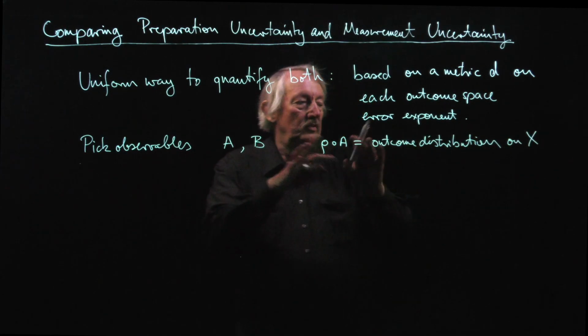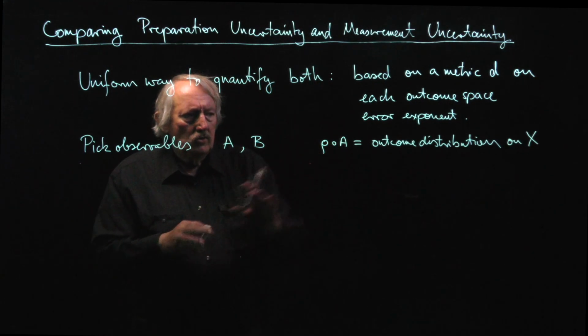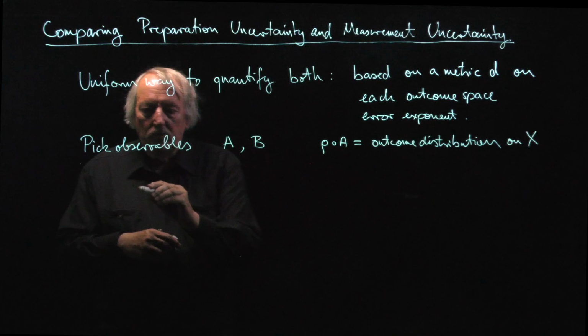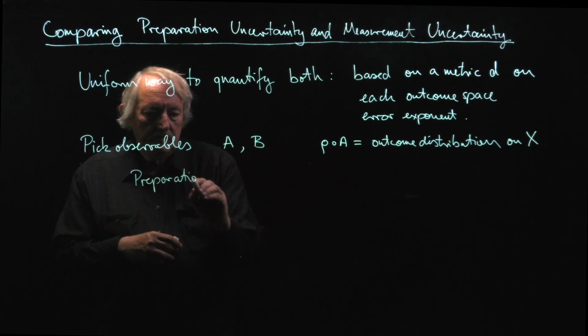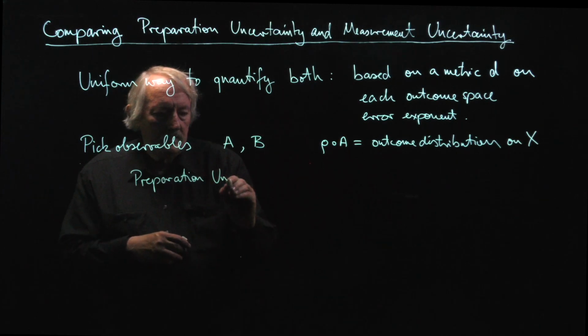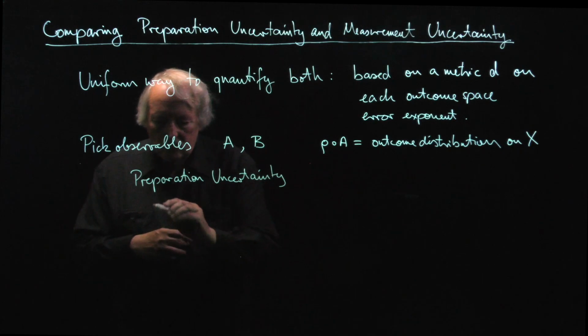And the spaces for the different observables could be different. So just to have a notation for that. So preparation uncertainty is anything that describes this diagram.